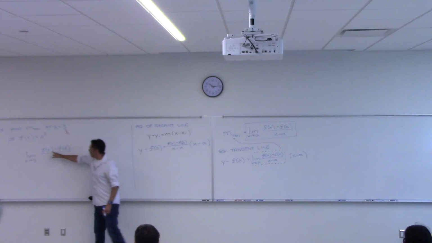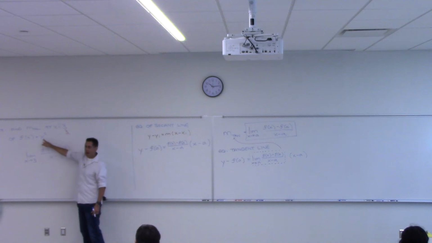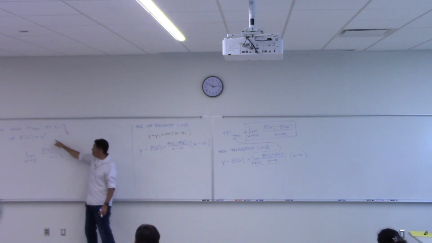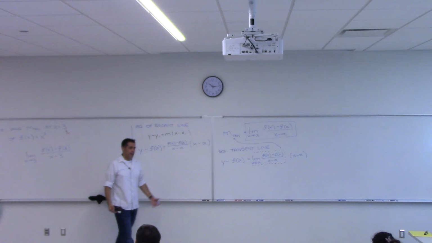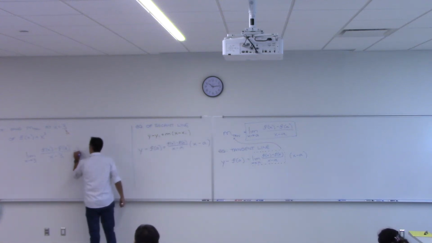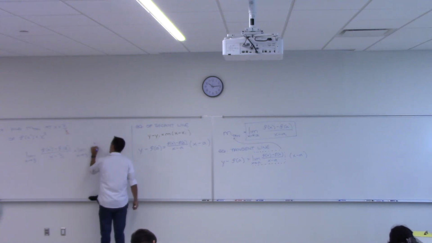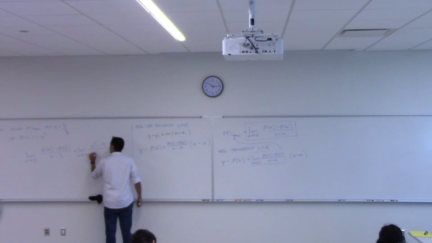Now, do I know the function? Yeah, it's x squared. So now I can actually replace f of x with x squared. And do I know what happens when I plug 3 into this function? I get 9. Okay, so this becomes limit x approaches 3, x squared minus 9 over x minus 3.